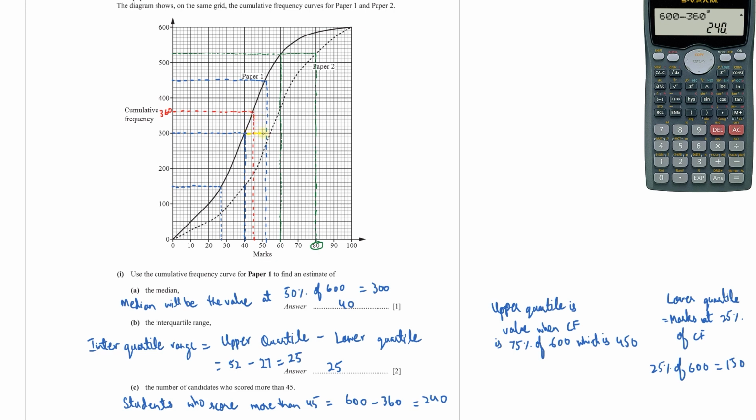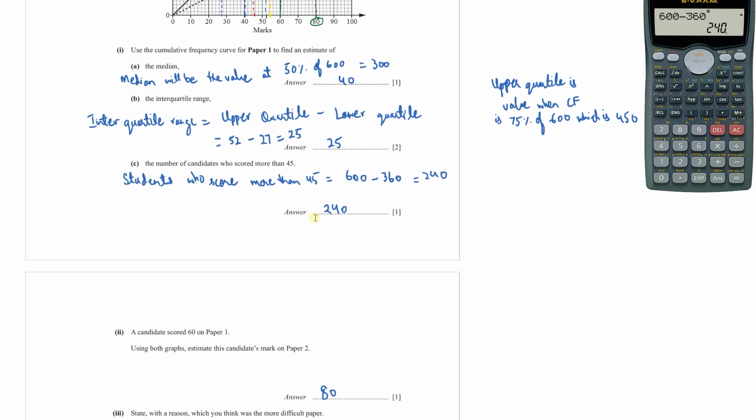So if you extend this line and see, this is the point of intersection for the curve of paper 2. So this will give you the median score for paper 2, which is 54.